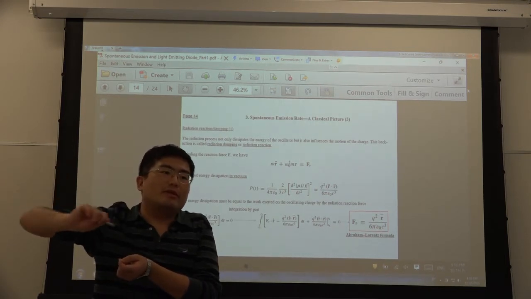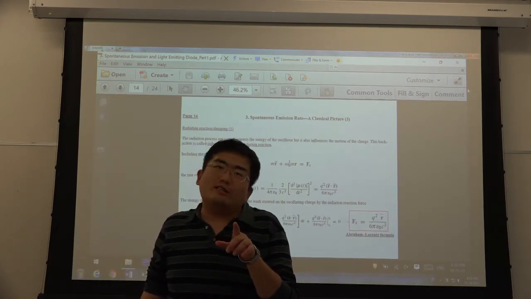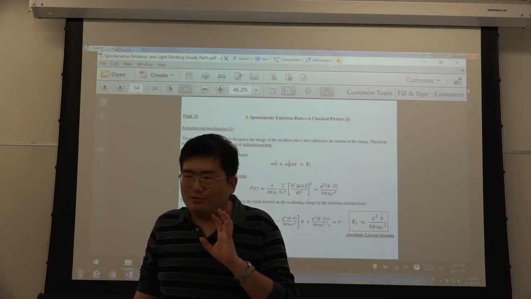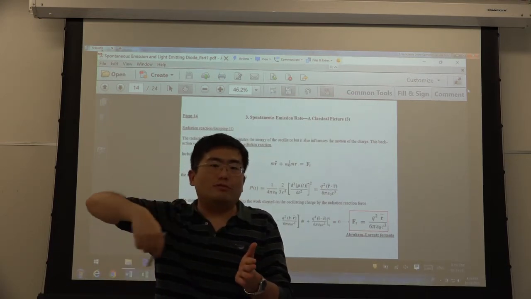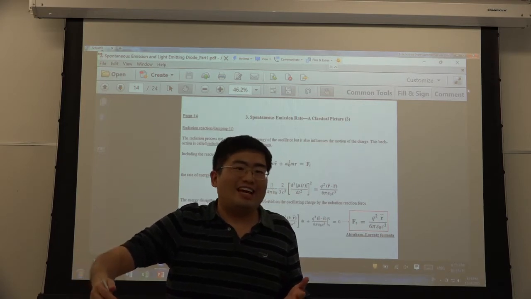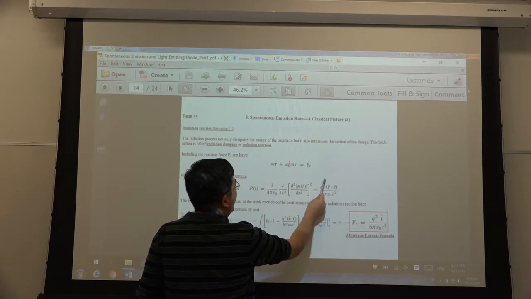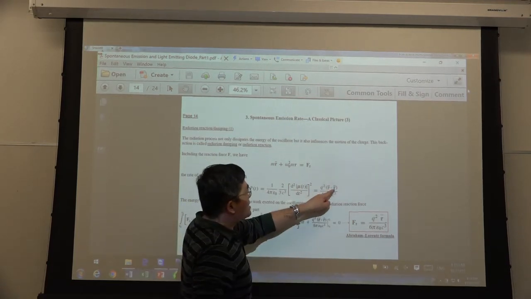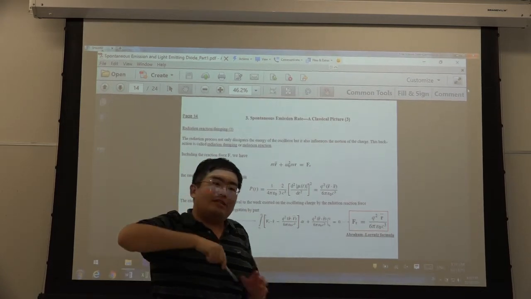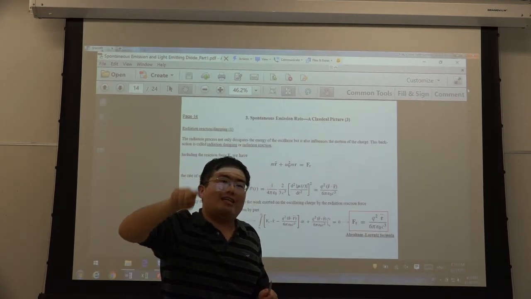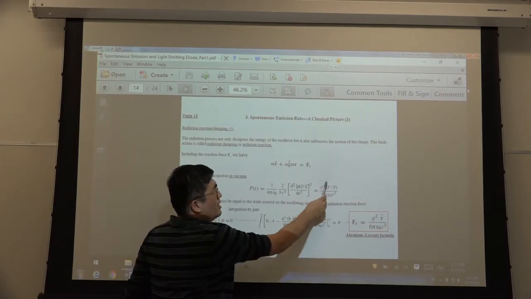If there is no acceleration, it does not radiate, like a DC current. Current also moves, but there is no acceleration, so it doesn't radiate. Why is acceleration squared? Because it's power, like E squared. For the far field, you can use this, so it's r double dot squared here.